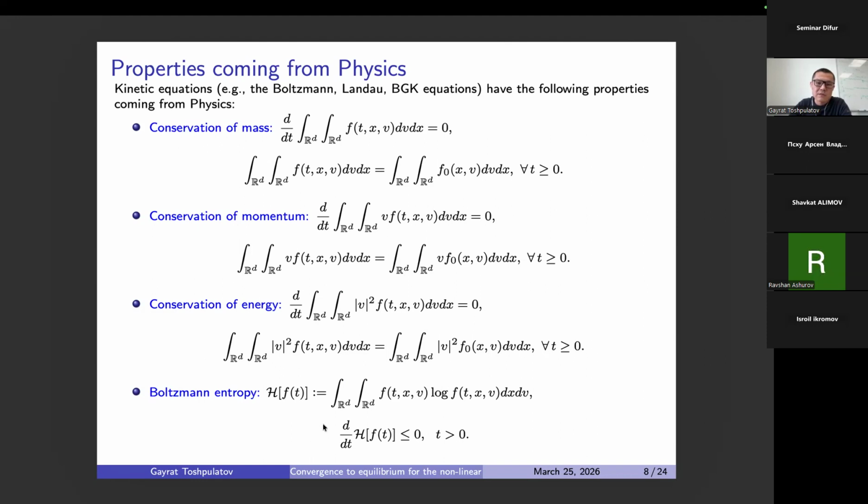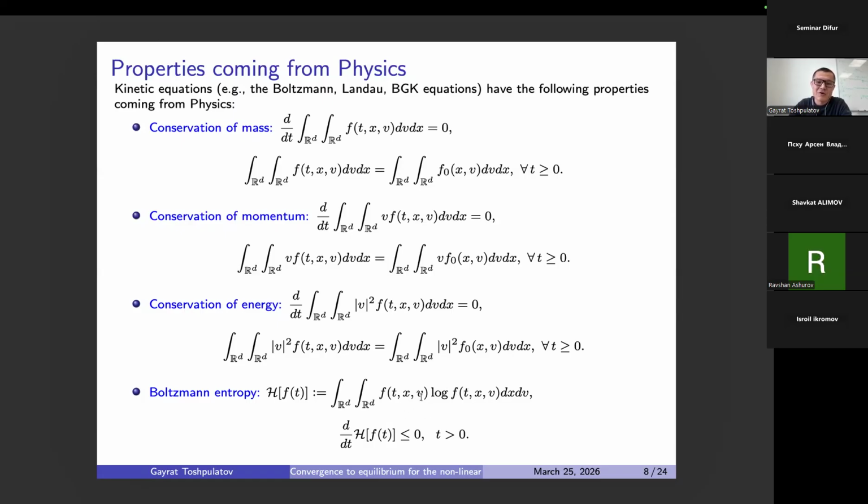And for these three equations, the Boltzmann, Landau, and BGK, if we have a nice smooth solution, one can formally check that the time derivative of this functional is non-negative. Hence, this is decreasing, and so it's a Lyapunov functional. Non-positive. Yeah, non-positive, sorry. So these are some general properties.